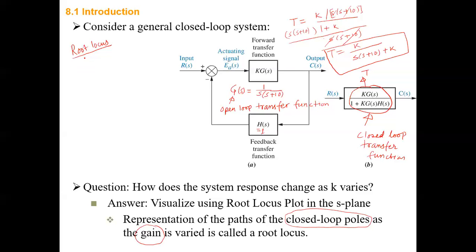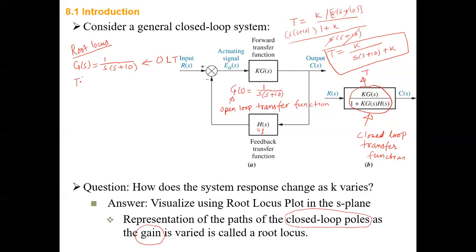Okay, so G(s) equals 1 over S plus 10 is my open loop transfer function.